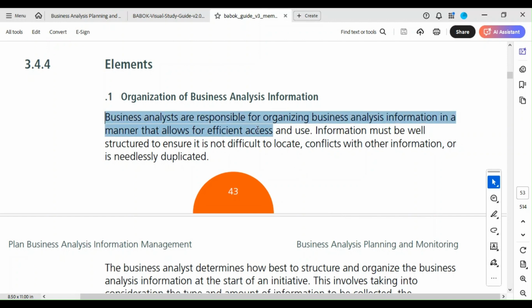So your work as a business analyst is to organize information in such a way that it will be efficient when it comes to accessing it and use. How? For example, let's take the simplest one: you have your email and it is a group email. You need to organize it in such a way that whoever comes there would see what they need at the first instance.